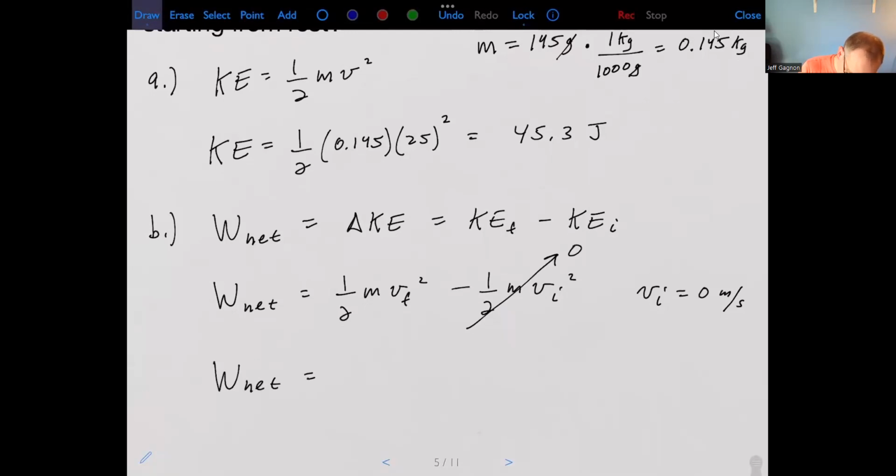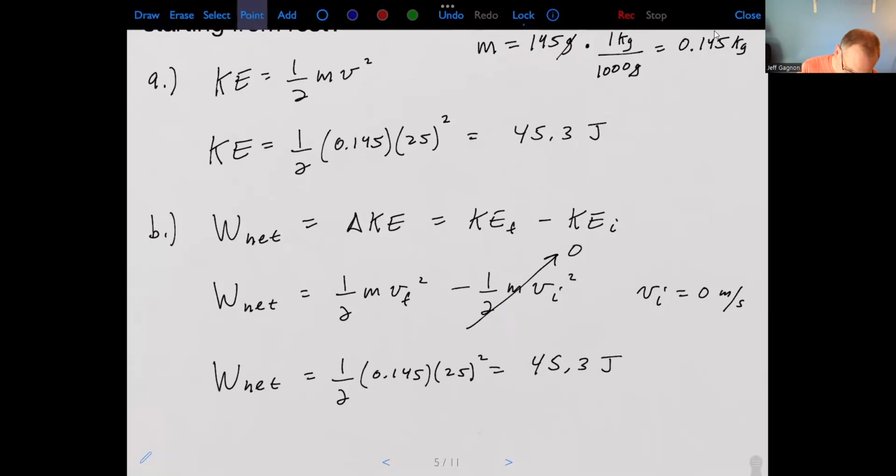This is exactly the same thing that we just found, so that's going to be 45.3 joules. In this case, the net work done on the baseball, because it started at rest, is simply equal to 45.3 joules.